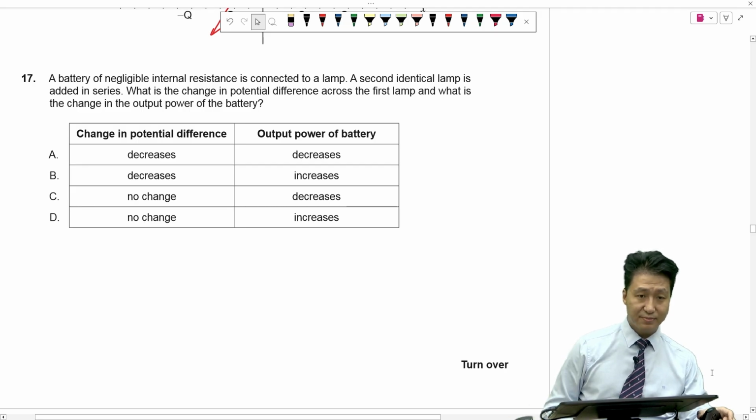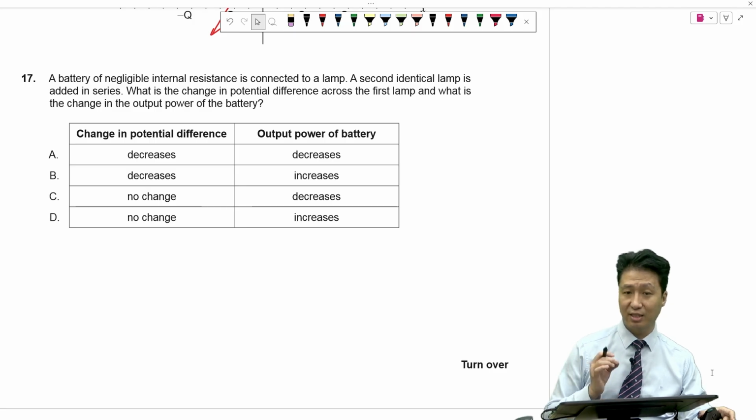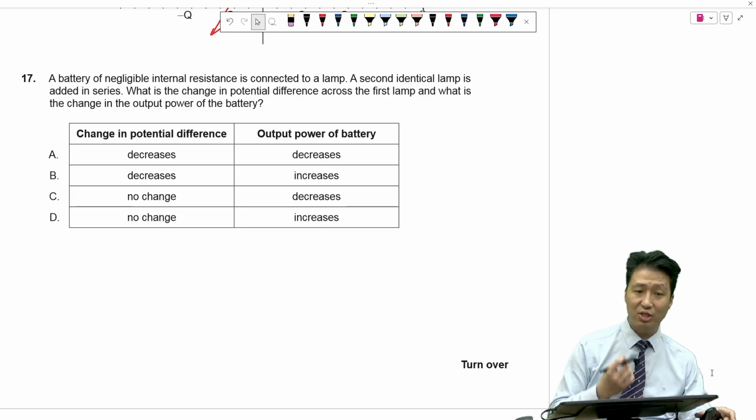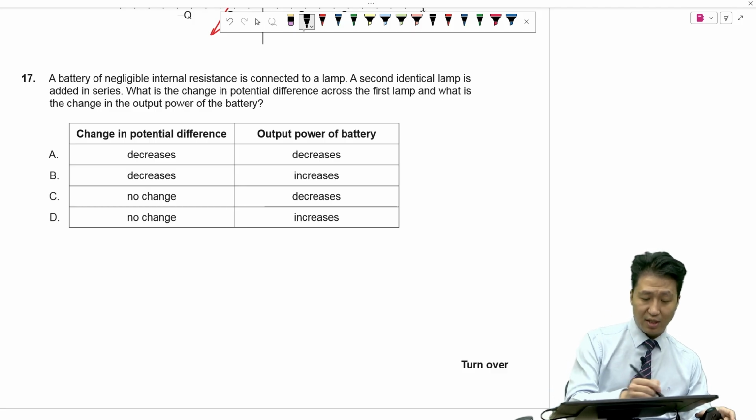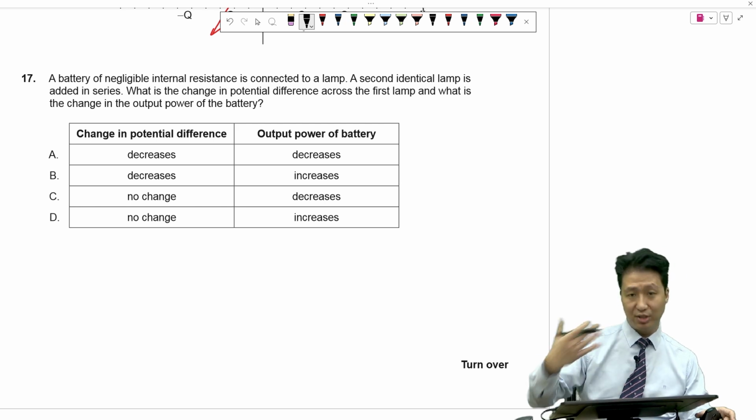In number 17, it says a battery of negligible internal resistance is connected to the lamp. A second identical lamp is added in series. What is the change in the potential difference across the first lamp? And what is the change in the output power of the battery? So, first things first, if you add something else in series, it's like adding another resistor.